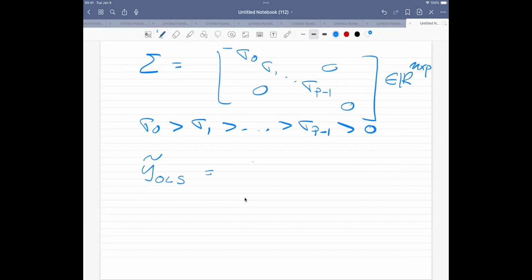And this is given as a sum, not over all components, but only over the components where the singular values are different from 0. And this contains now these vectors. So this is a matrix, and this matrix acts as a projection matrix on the original data y. So that was one of the equations which we derived last week.